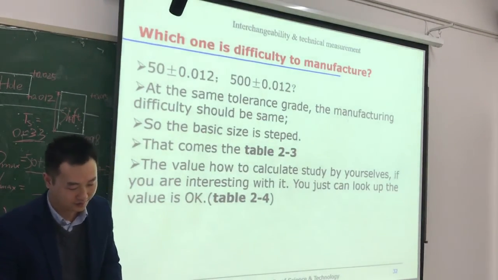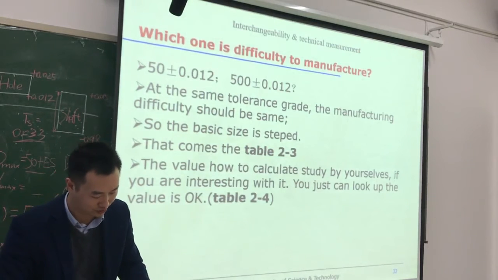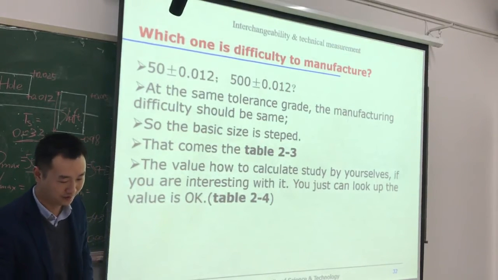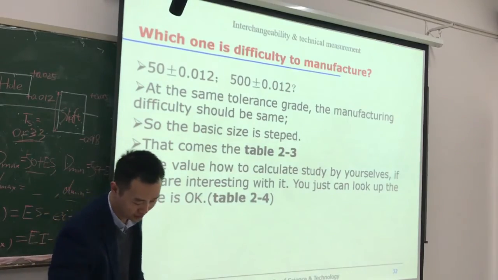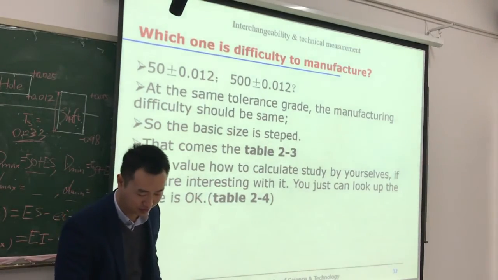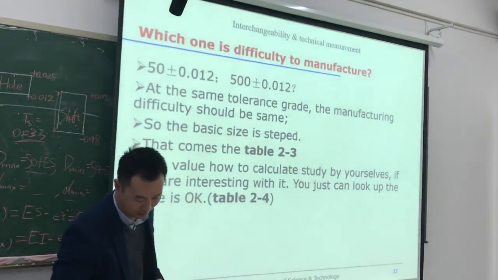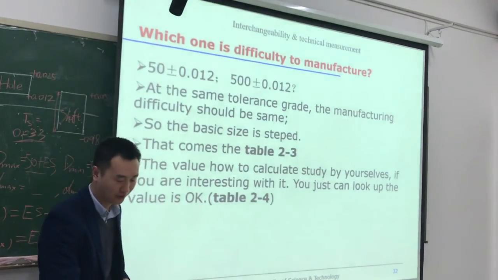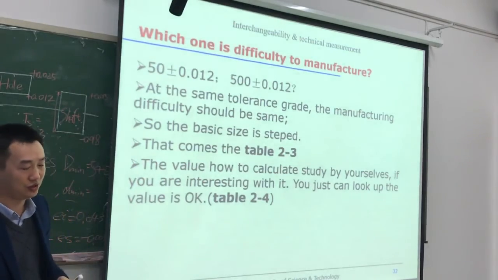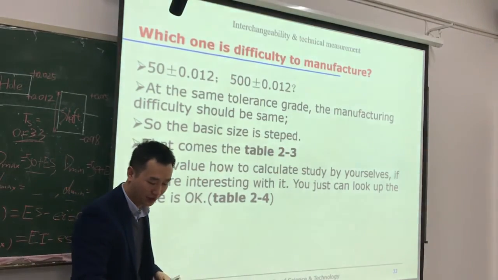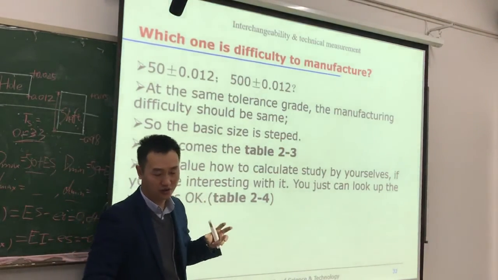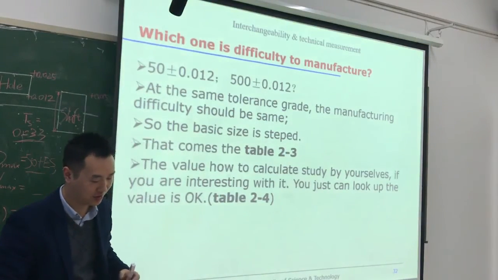Next comes table 2.3. Table 2.3 is the formula for standard tolerance. This table is just to indicate that for the same precision, the tolerance value is associated with its size.